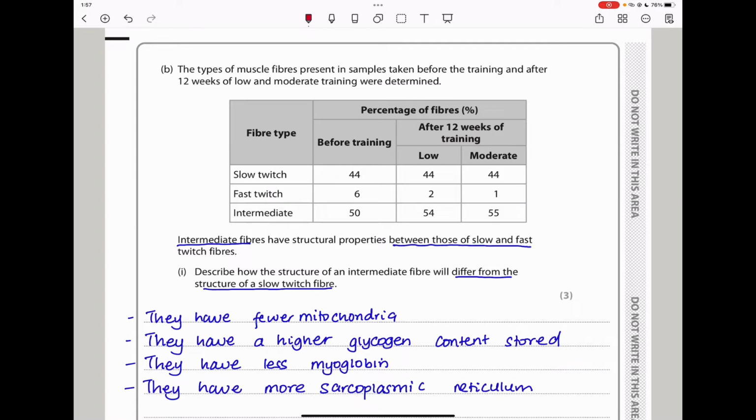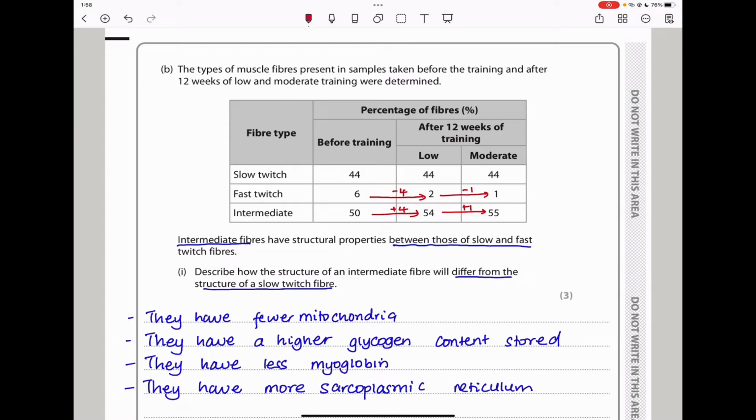However, when we come to the fast twitch, we can see here there is a decrease, minus 4%, and here we can see minus 1%, while here we see there is an increase of plus 4%, and here we see an increase of plus 1%. So we can see that the magnitude of change occurring here is the same as that occurring here, but this is decreasing as this is increasing.